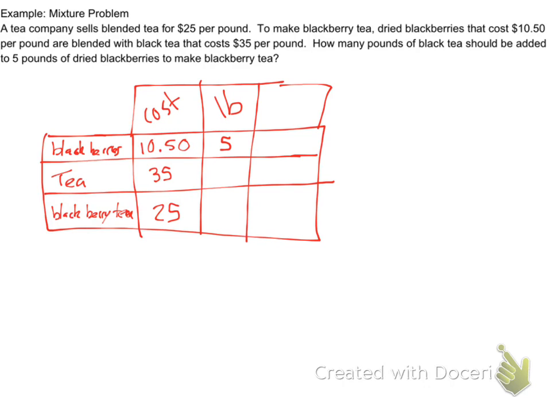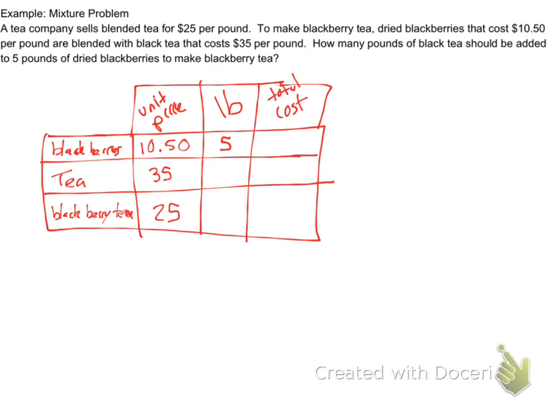Actually, can I fix something real quick? What if I took the cost out and put price? Unit price? I don't want to use cost because I want to say cost over here. What does it cost for the total cost, right? The more pounds I buy, the more it costs. So let's talk about unit price. That's price per pound.